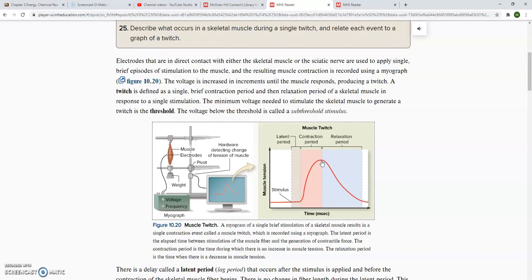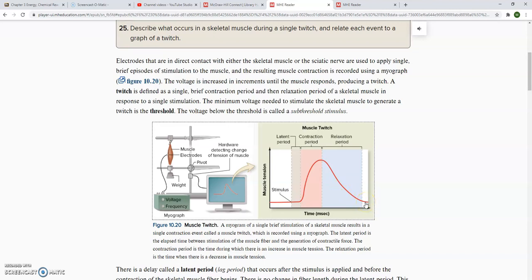Once the calcium's gone, the cross bridges can't form, because the troponin goes back to its original shape and the tropomyosin blocks those myosin binding sites on actin. So we don't have any more cross bridges, and as the number of cross bridges decreases, we enter the relaxation period, where we get less and less muscle tension until we get to none.